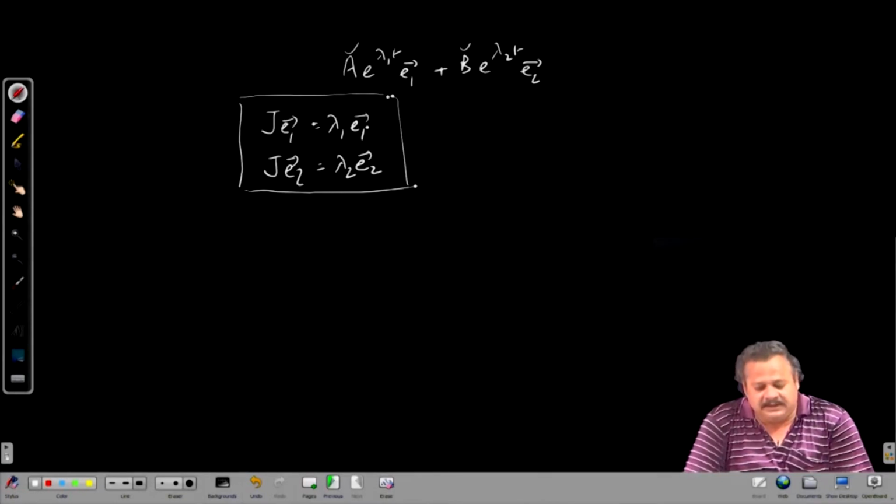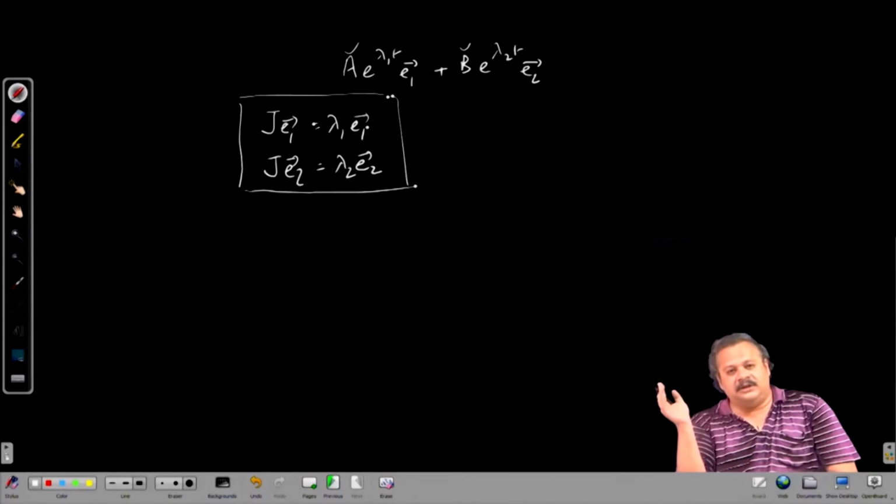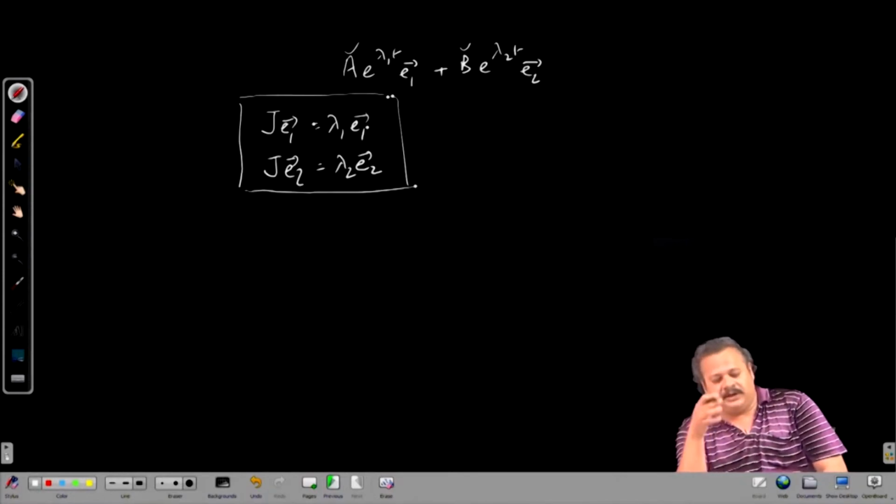As we have discussed earlier, depending on the sign of lambda 1 and lambda 2, the trajectory either decays along E1 and E2 or diverges along E1 and E2 over time.